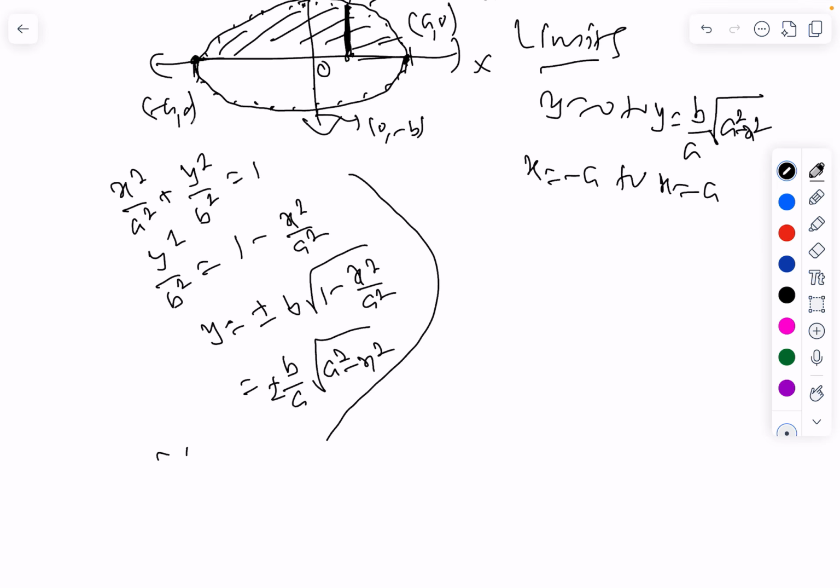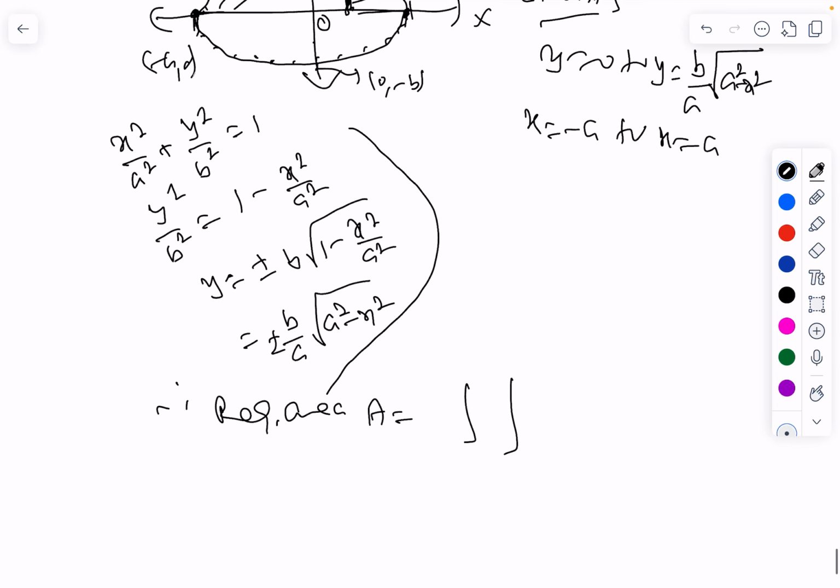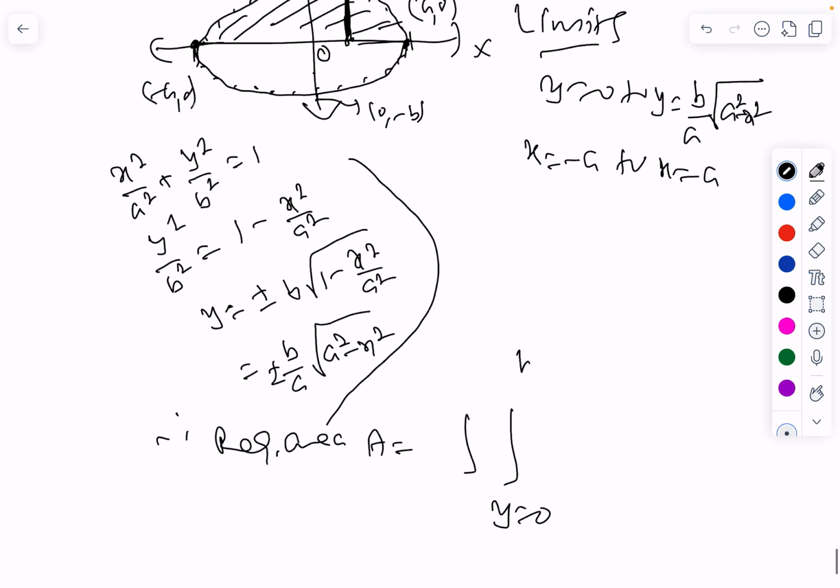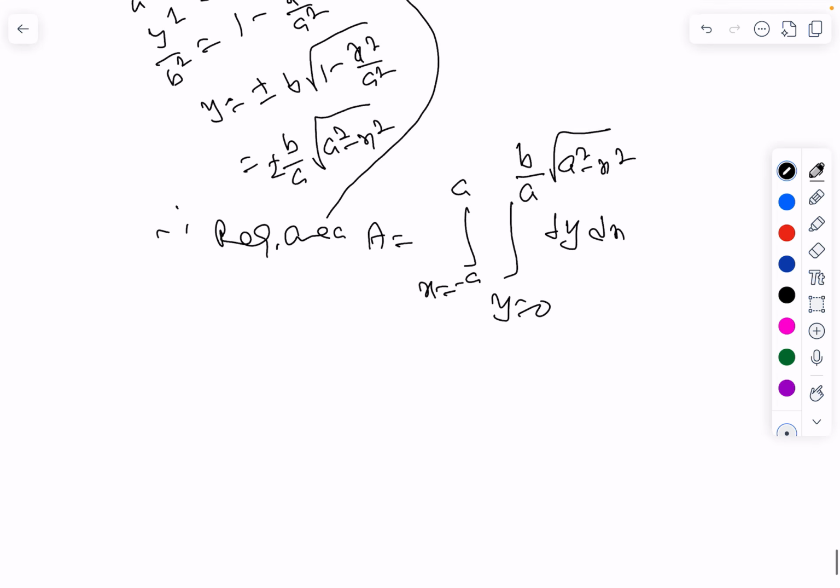So we have required area A equal to, now y equal to 0 to b by a root of a square minus x square, x is minus a to a, dy dx.